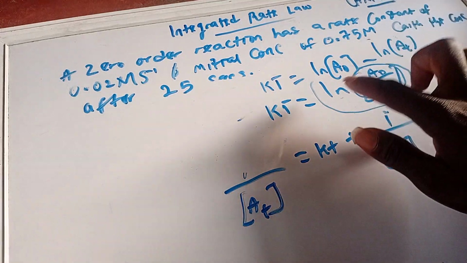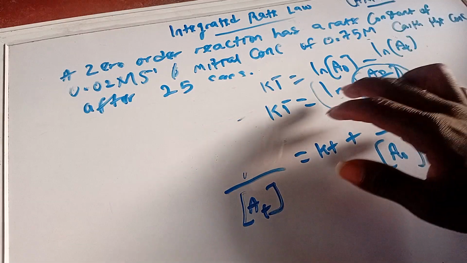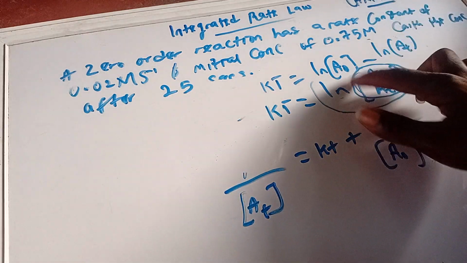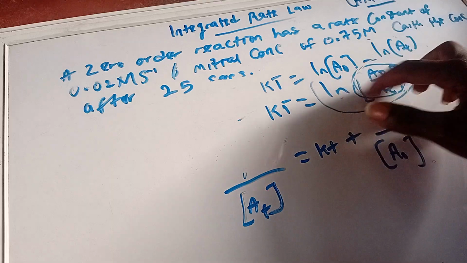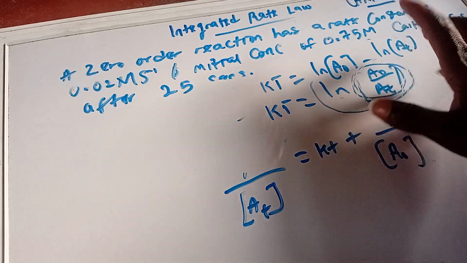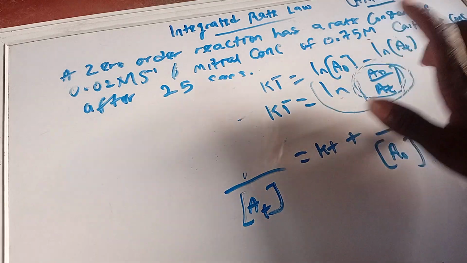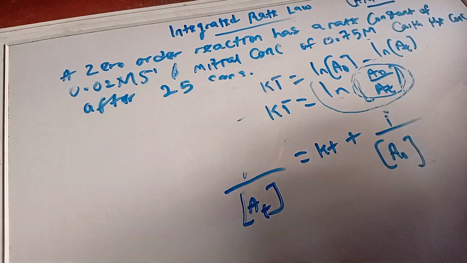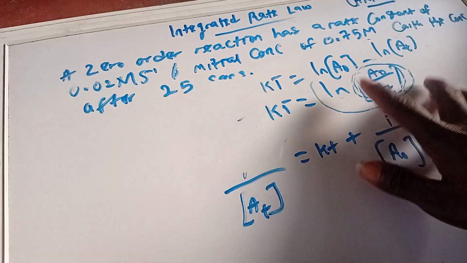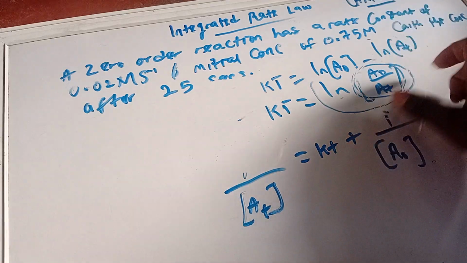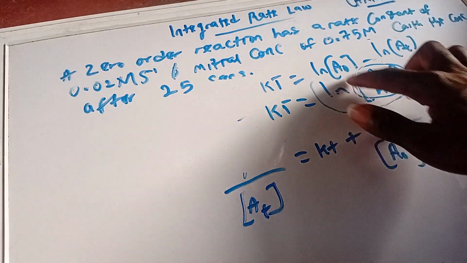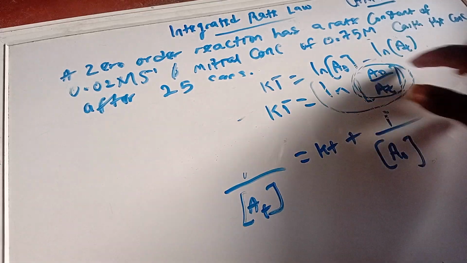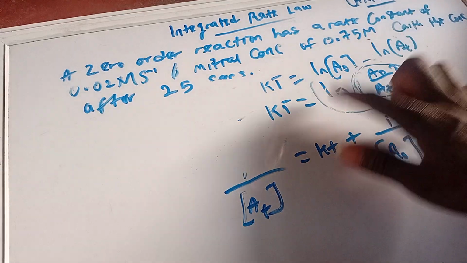So since there is no unit for logarithm, ln is natural logarithm, ln of whatever we have, even though the unit is concentration, like big M, mole per dm cube, since it's attached to a logarithmic function, then it won't have unit at all anymore because we are taking ln of it.